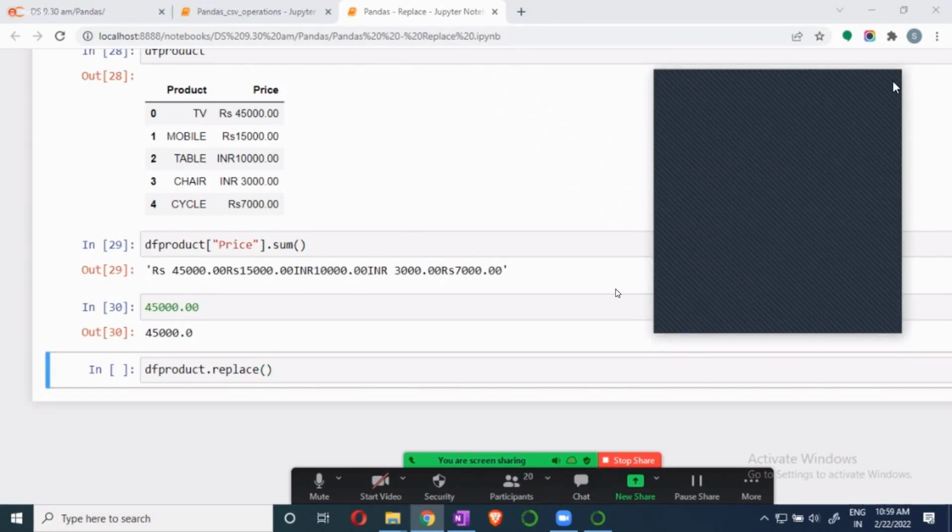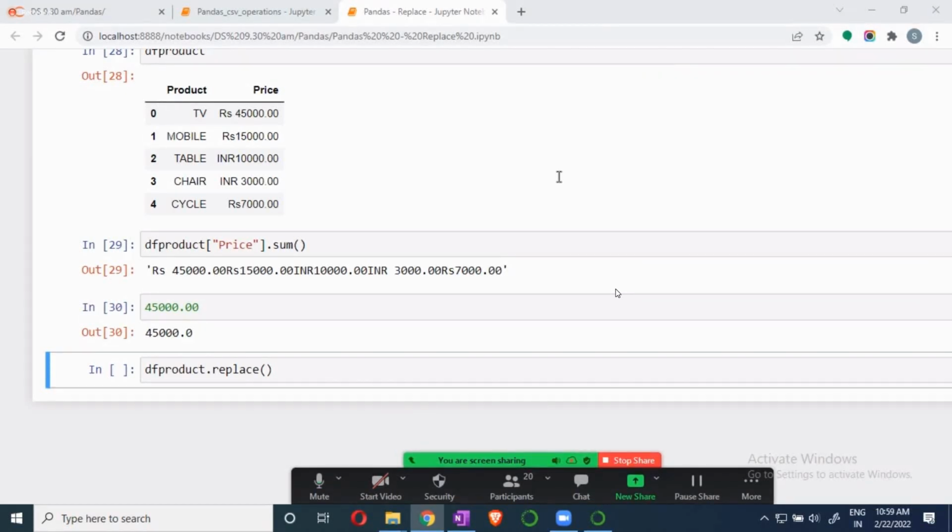No, not isdigit, because it is a string, Nazia. You can't do that. You said for loop, how will you do that? No, what you said is correct: one by one you iterated. How do you get the price separately? That is the logic over there.